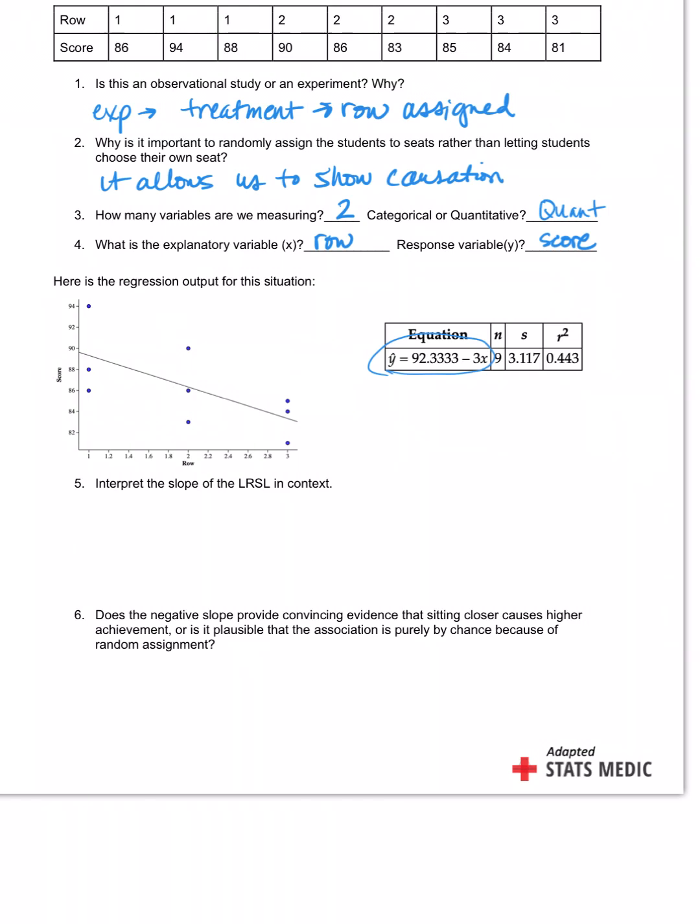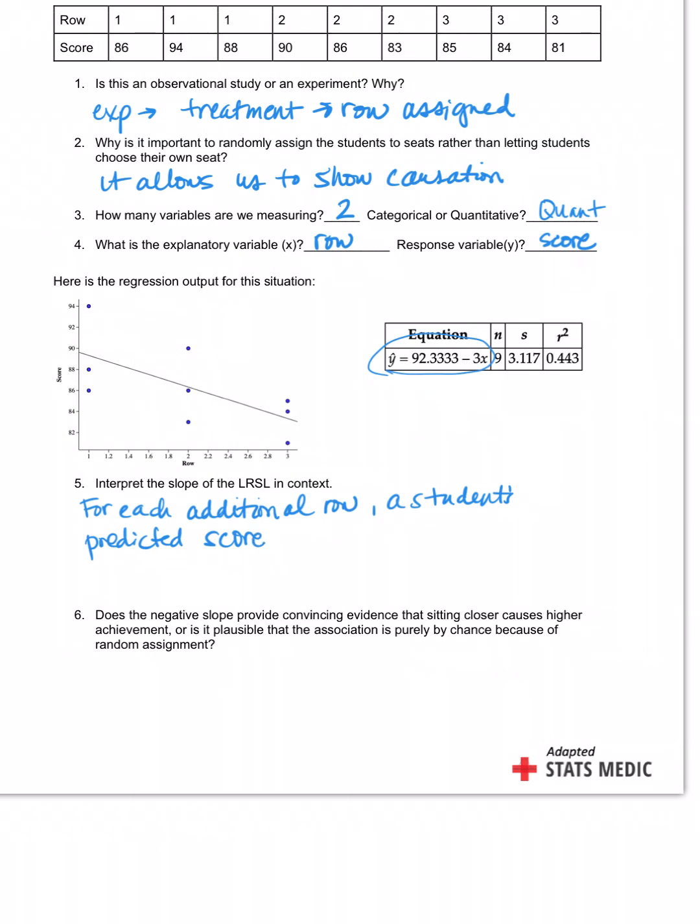All right, so if I interpret this, it's on your test Friday, so let's see, can you remember how to interpret slope? For each additional row, a student's predicted score, right?